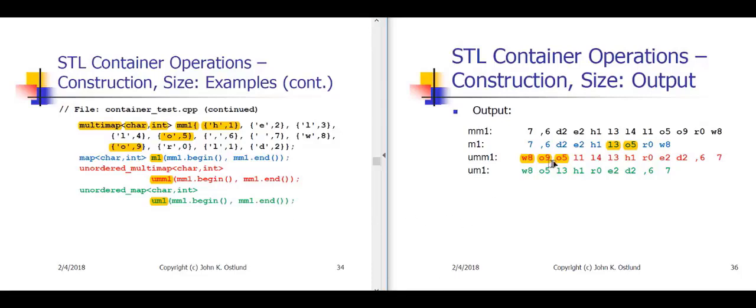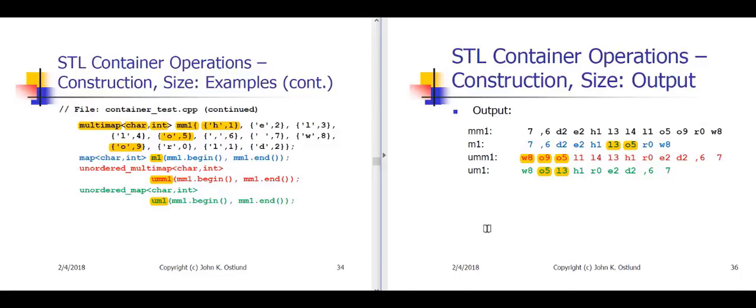So in this case, when the key value pair O5 gets put into UM1 as part of its initialization, the later pair, little o9, is rejected. Likewise, L3 is inserted into the unordered map UM1, but the later occurrences of L with their values, namely little L4 and later little L1, are rejected.